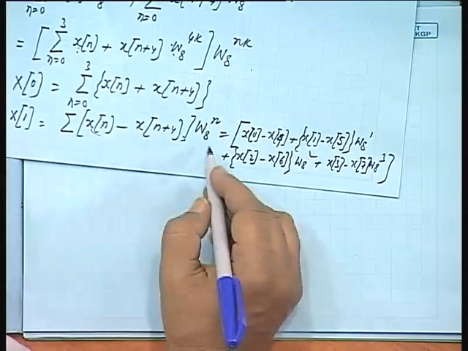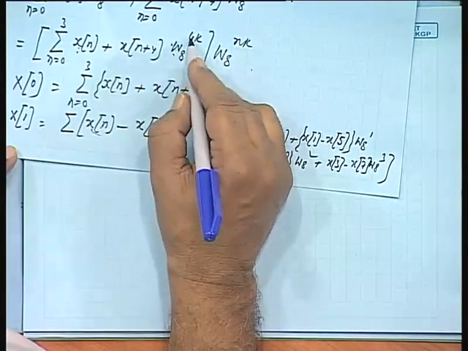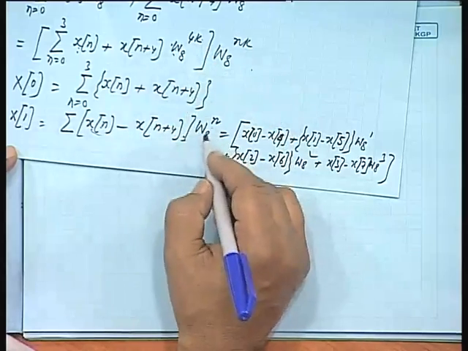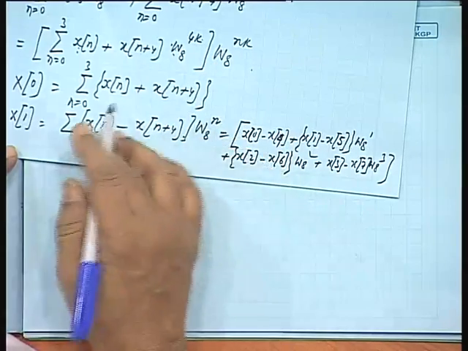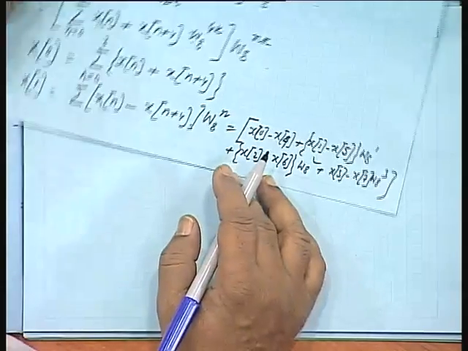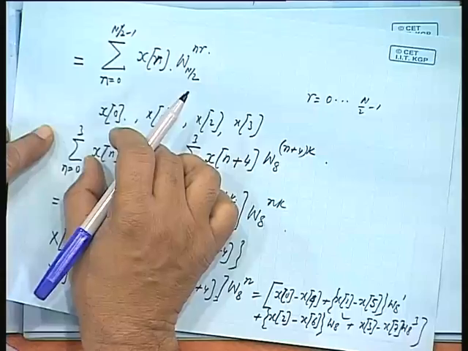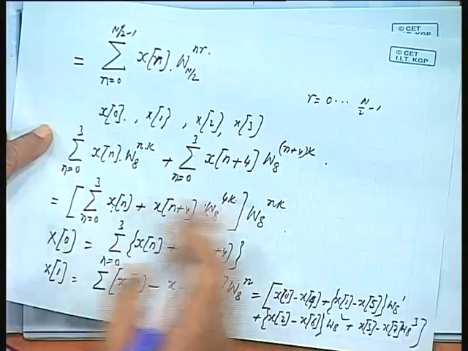Similarly, x 2 and so on will have a multiplier W 8 2 k and then again W 8 n. So, you can keep on doing it. Again you can break it down into two parts.